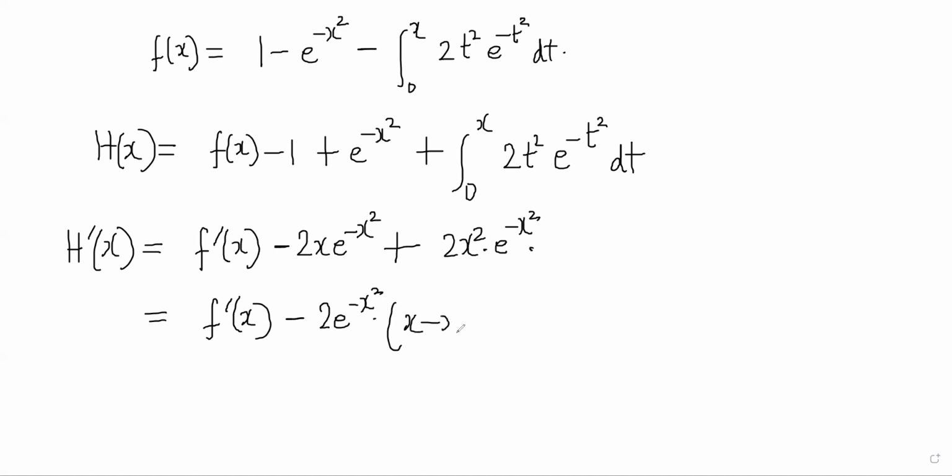It is x minus x square, right? And remember, we had solved earlier f dash x was equal to what? F dash x was equal to 2 times x minus x squared e power minus x squared, right?